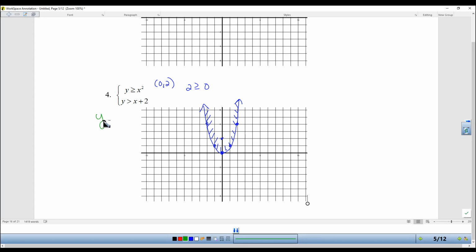And then this is the line, y is equal to x plus 2, which is a line that's been moved up 2 and has a slope of 1. It is not greater than or equal to, it's just greater than. So I do need to make a dashed line. So it would look like that. And I can plug in (0, 0) because it doesn't actually go through (0, 0).